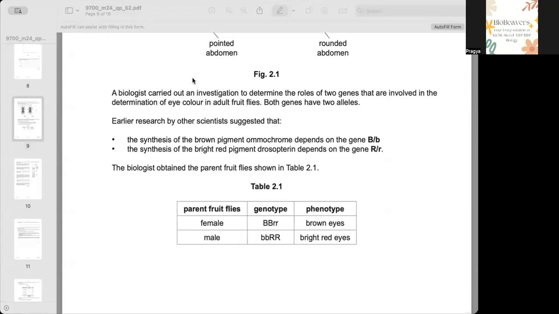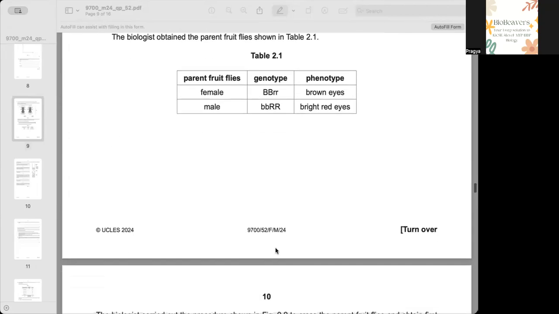We can see the genetic table right there where they have mentioned what the dominant phenotypes look like, what is the color of these phenotypes, brown eyes, and if we have the big R, we have the bright red eyes, and how this is related to the pigment. The name of the pigments is given right there.